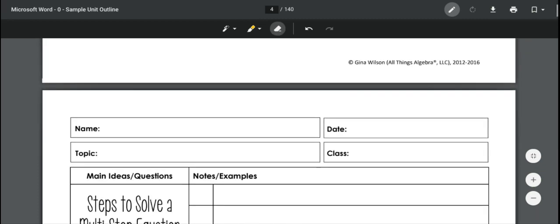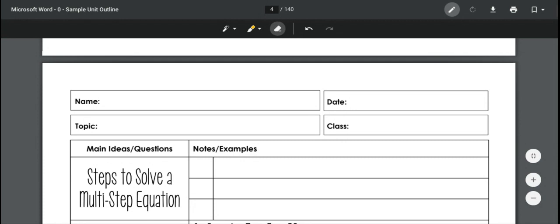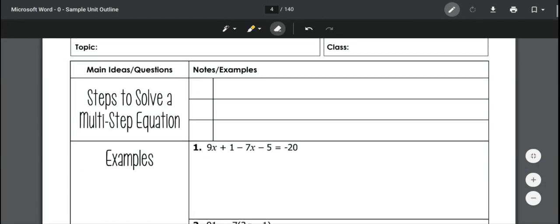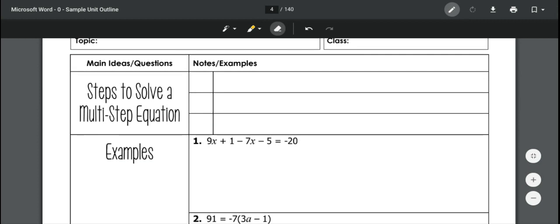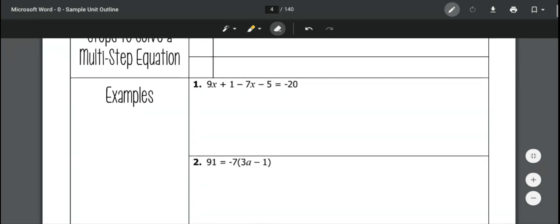Okay, we are going to start this unit with the first lesson, which is on solving multi-step equations. So you did some of this last year, and we just had the unit on simple equations. So now we're going to move on to where we have to put some of those skills to play that we just learned.